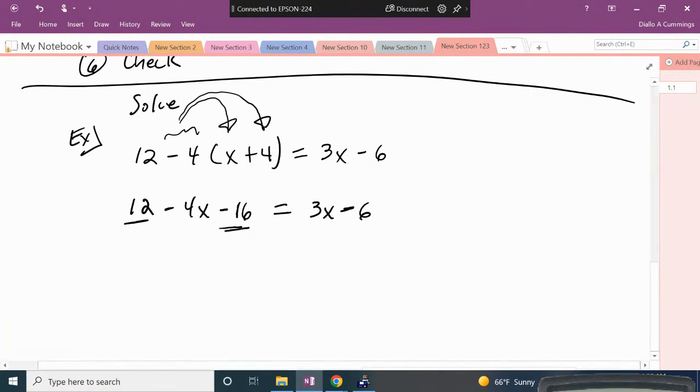On the left-hand side, we have two constants, 12 and -16, so I want to combine those two. 12 minus 16 is -4. And I'm going to bring down -4x, and also bring down the right-hand side, 3x minus 6.